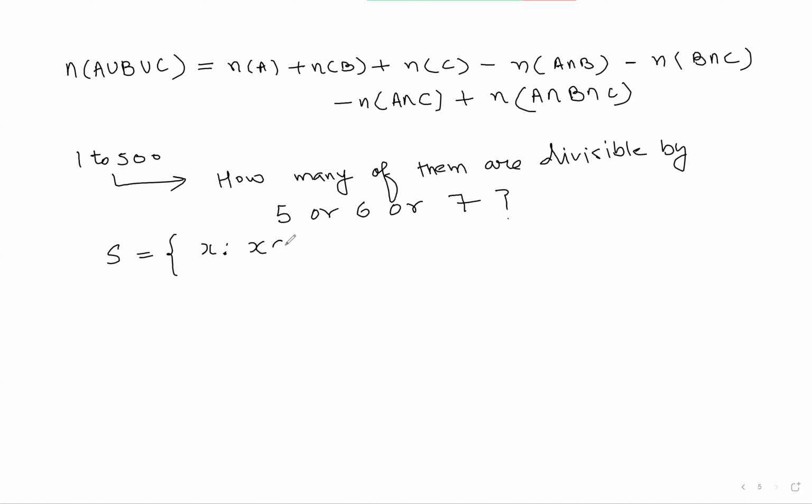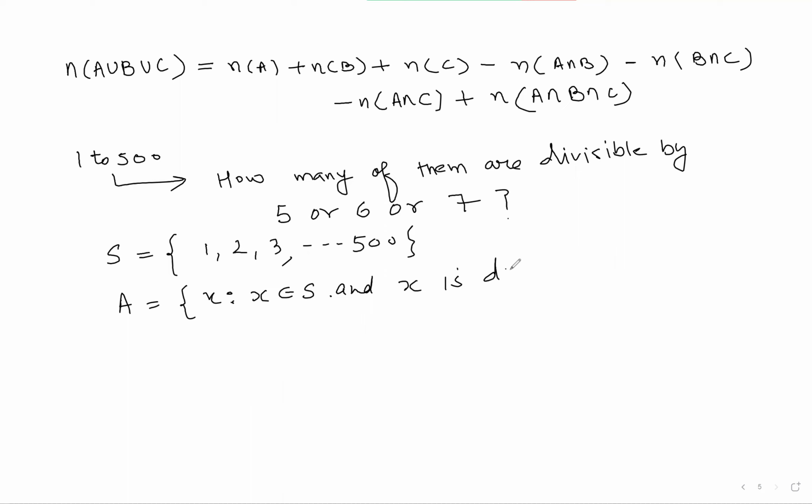Let us define S as 1, 2, 3 up to 500. Let us define A as all X such that X is an element of S and X is divisible by 5.